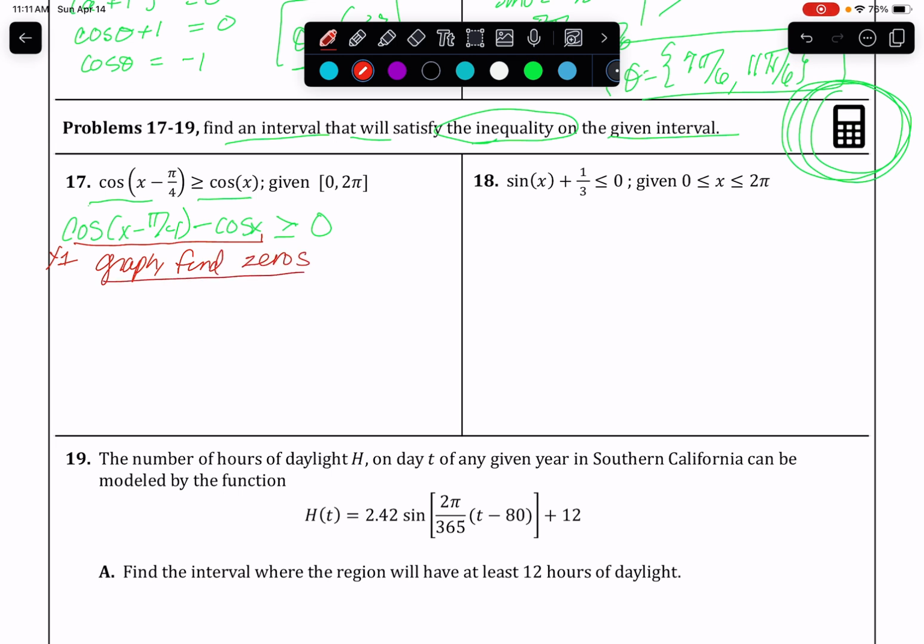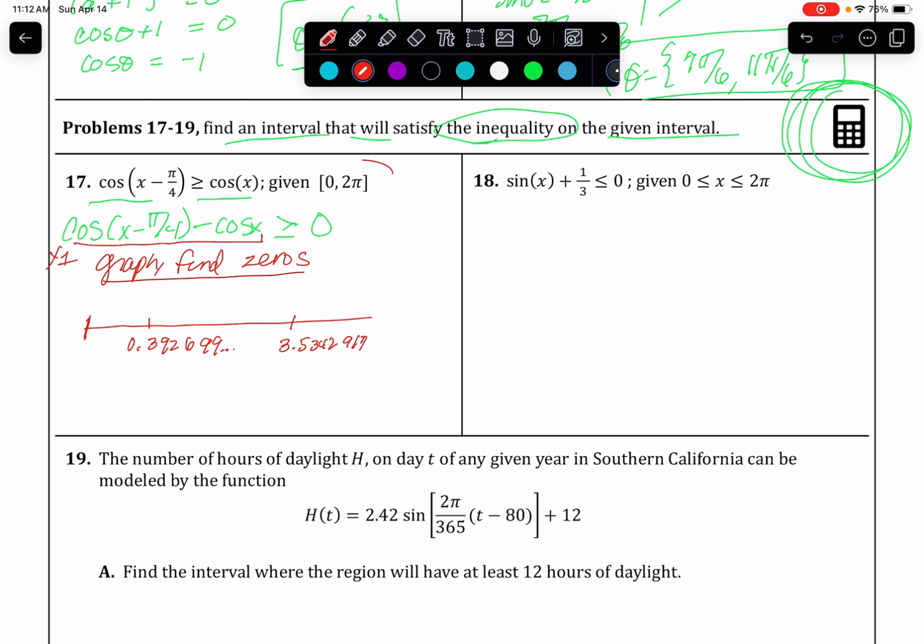So look at your calculator and find the zeros of that function, and then let's write them out in a sign chart. The first zero was at 0.392699 dot dot dot, and we have another one at 3.53429117. Make sure you have that.